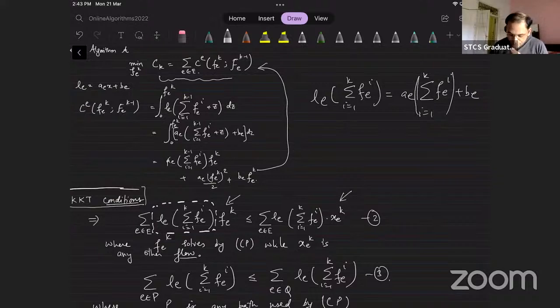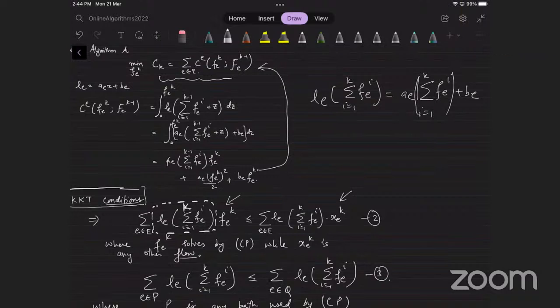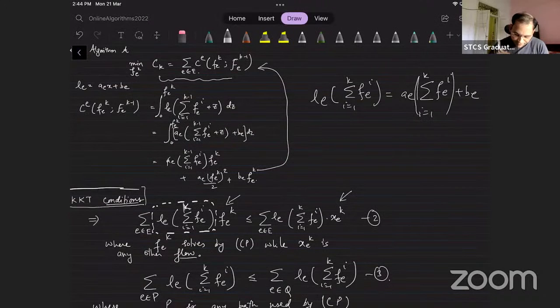K is already included. So which part of the cost are we counting?